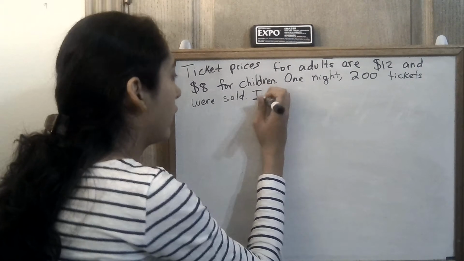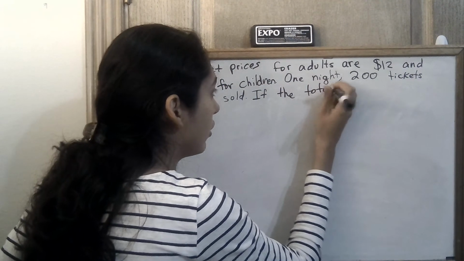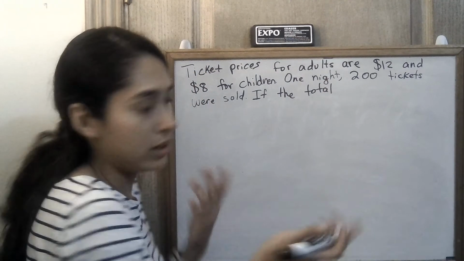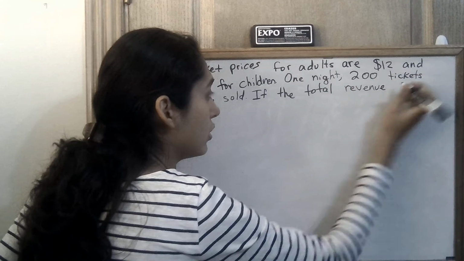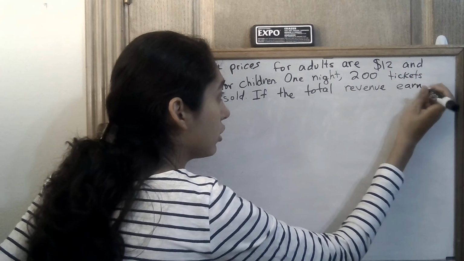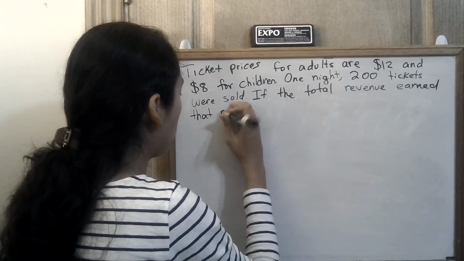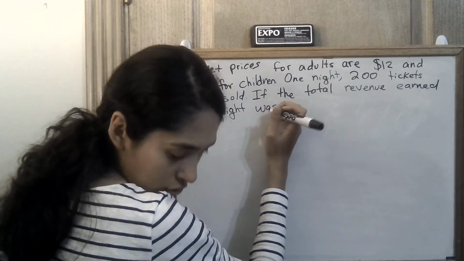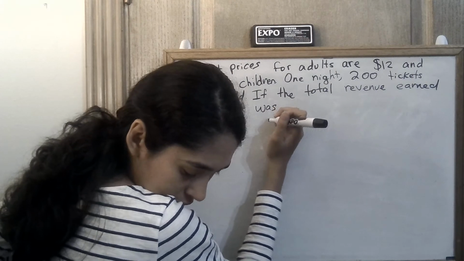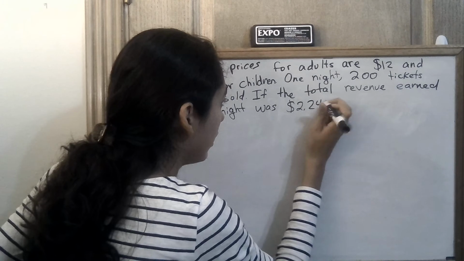If the total revenue means how much money they got. Revenue earned that night was $2,240.